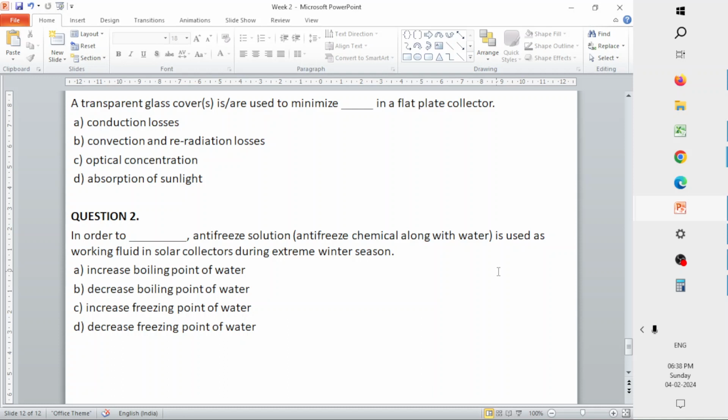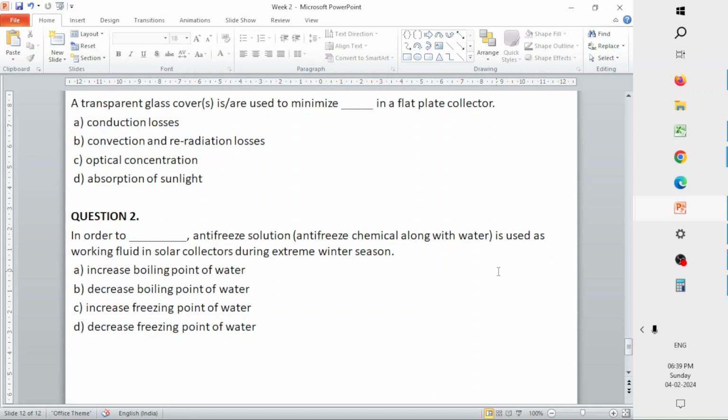So water will be there in the tube, but unfortunately during extreme winter seasons, for example in Jammu and Kashmir, or in Europe or the United States, the water will freeze. Once the water freezes, the sun radiation that falls on the surface, which is pretty little during that time, won't be able to melt that ice.